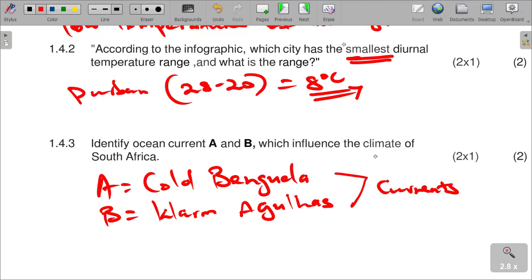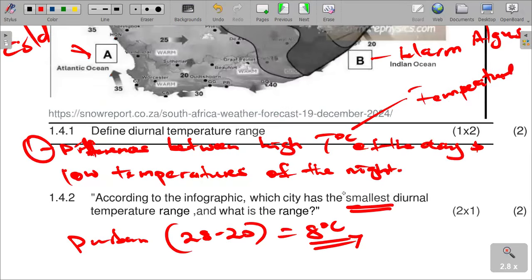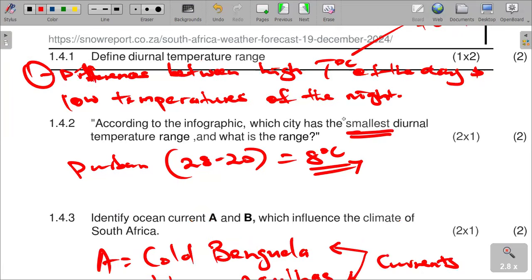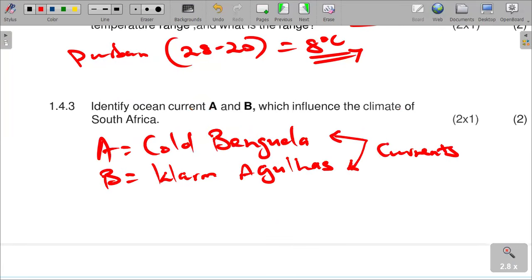These are the different currents that we have. I am sure you always know that the one from the South Atlantic Ocean is the cold Benguela current, and the one from the Indian Ocean is the warm Agulhas current.